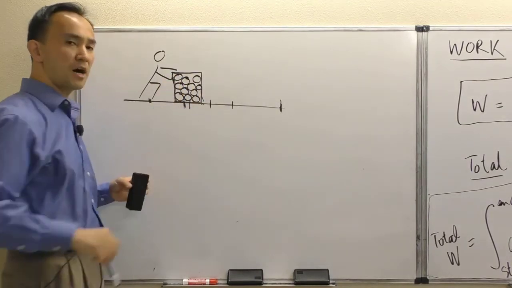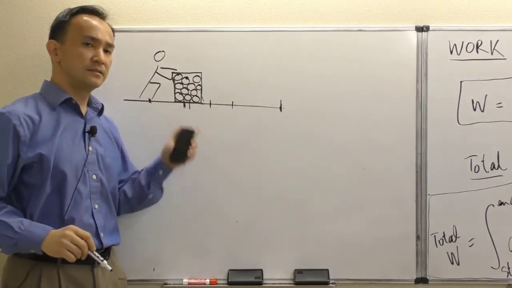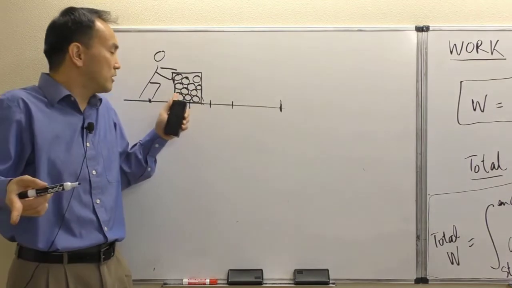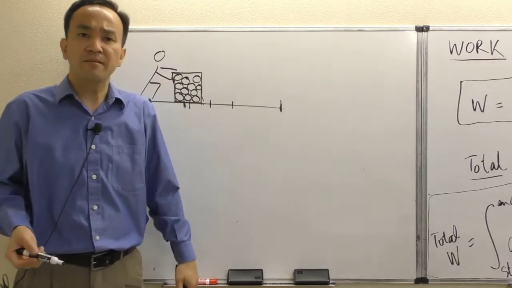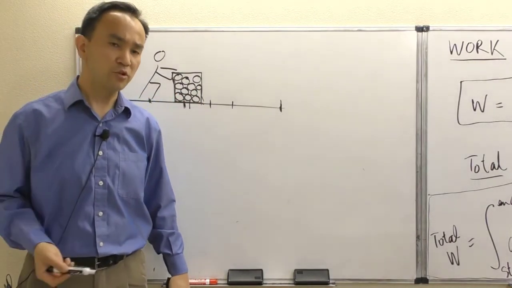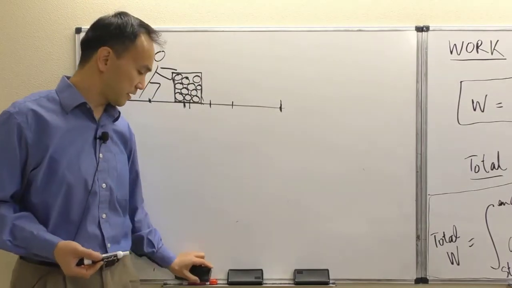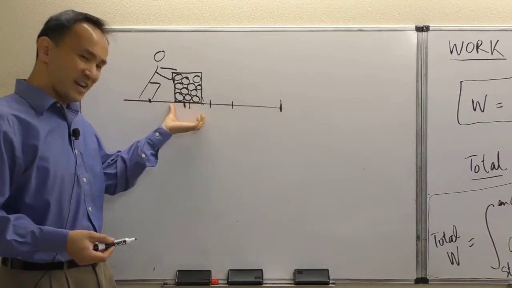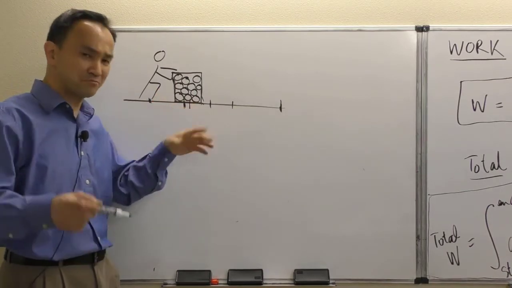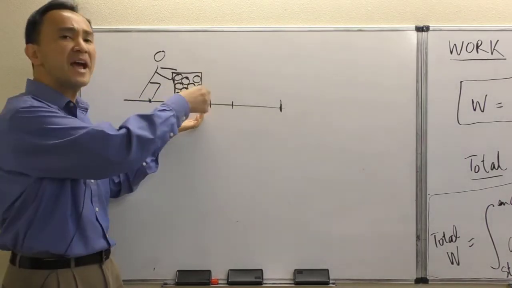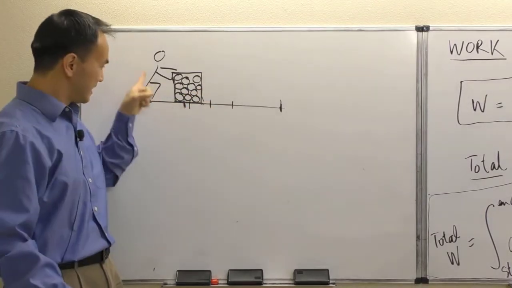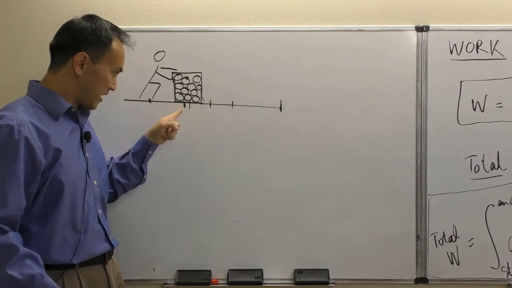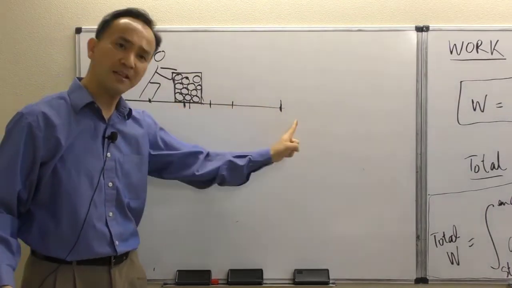We don't even have to assume that all the little pieces of rock have the same mass. We don't have to worry about that. So the mass here is the sum of all these masses, a total mass. This man is ordered to push that total mass from a starting point to an ending point on a path right here.